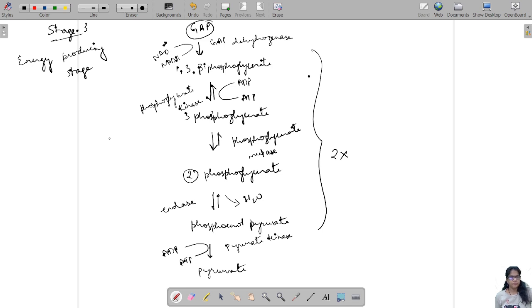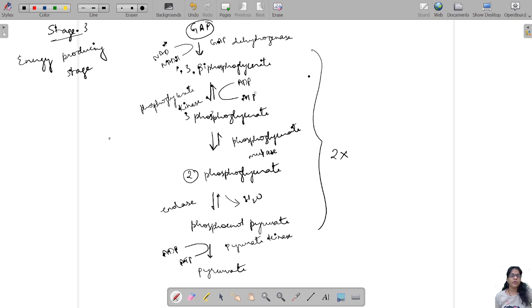So remember, this whole process occurs twice, because glyceraldehyde 3-phosphate is a 3 carbon compound and glucose is a 6 carbon compound. For every 1 molecule of glucose, you will get 2 molecules of glyceraldehyde 3-phosphate, and thus the whole process occurs twice.